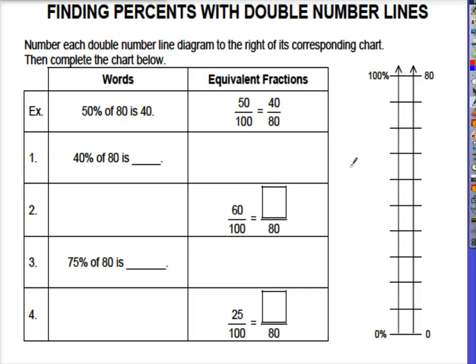Again, don't make a little teeny tiny line. Your double number line here should be the length of the paper from top to bottom, so you can fit everything in. If you don't want to draw the boxes, then make 2 columns, words and equivalent fractions. Okay? So pause here. Take about 3 minutes to create this, and we're going to come back and think about how we're going to set this up.